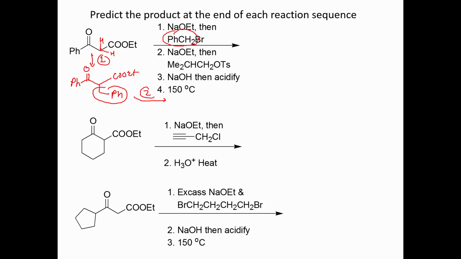Step 2 is the same step. We're just going to use the remaining hydrogen here, and we're going to now do an SN2 reaction with isobutyl tosylate. That's going to put an isobutyl group in our molecule.